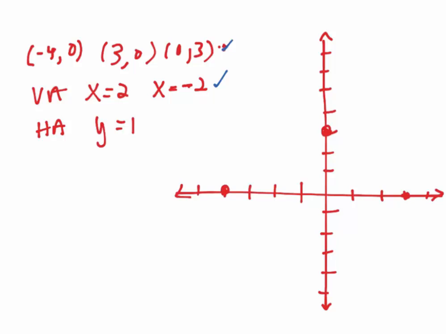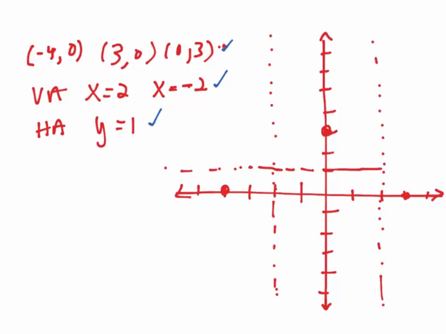So x equals negative 2 would be right here. Okay, x equals 2 would be here. And then thirdly, your horizontal asymptote, that would be right here through y equals 1.